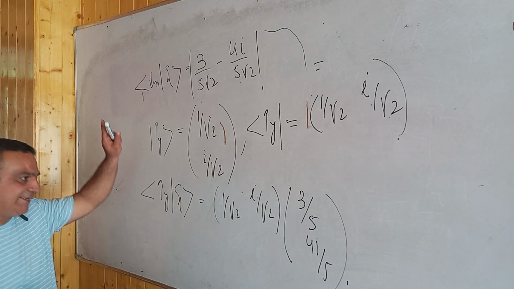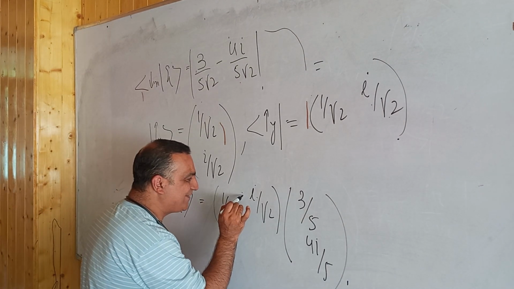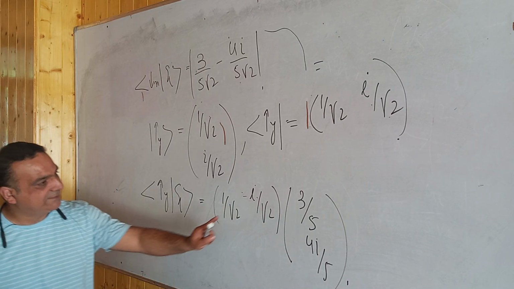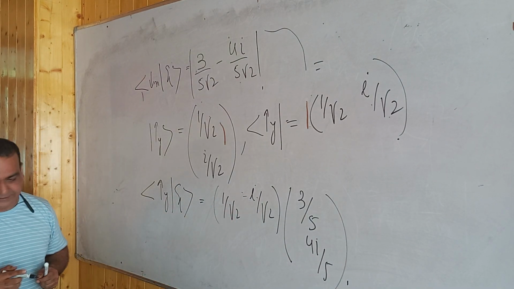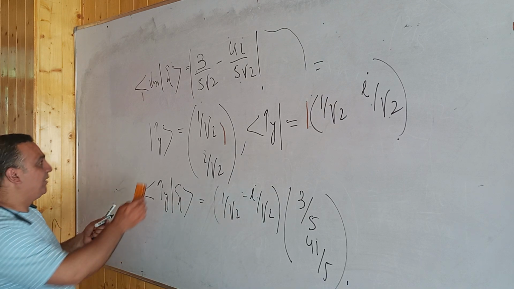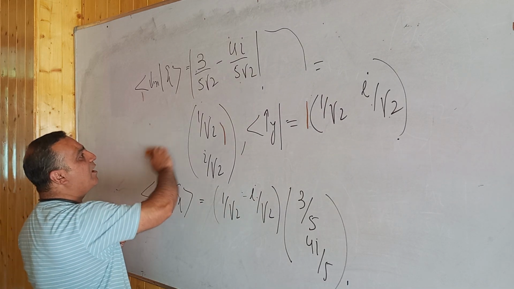Minus. Okay, yes. Don't be so excited. This has to be minus. That's fine, okay? This has to be minus. Now come on, let's solve this and calculate the probability of having spin up along y.